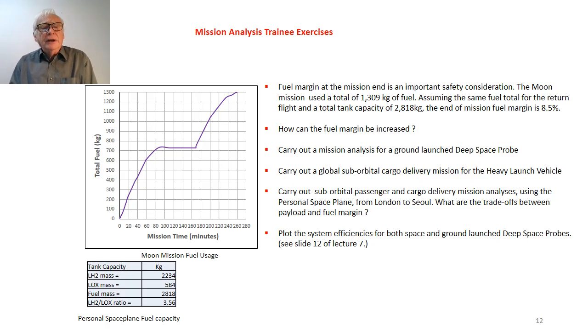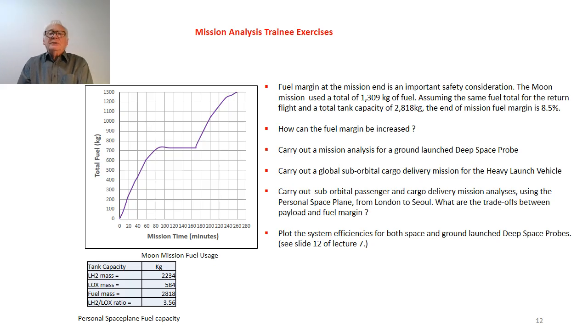If you do a fuel usage plot for the outward mission, you can see it shown on the blue line in the plot shown, and you'll see that you will actually use a total of 1,309 kilograms of fuel for the outward flight. If you look at the mass budget shown below for fuel for the personal space plane, you can see you have a total fuel capacity of 2,818 kilograms.